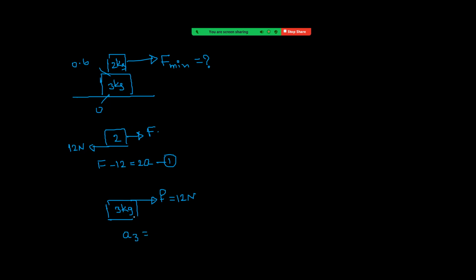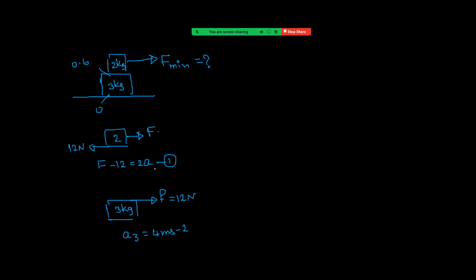So for the 3 kg block, maximum acceleration is 12 by 3, that is 4. This is the maximum acceleration. If acceleration crosses 4, slipping starts.